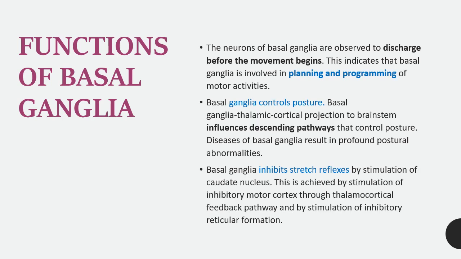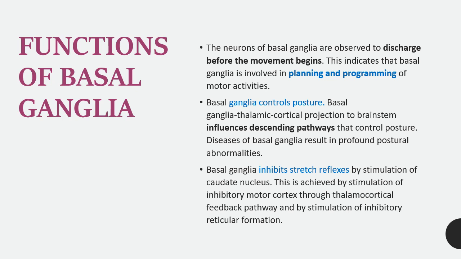Functions of basal ganglia. The neurons of the basal ganglia are observed to discharge before the movement begins. This indicates that the basal ganglia are involved in planning and programming of motor activities. The basal ganglia control posture. Basal ganglia thalamic cortical projection to the brainstem influences descending pathways that control posture.